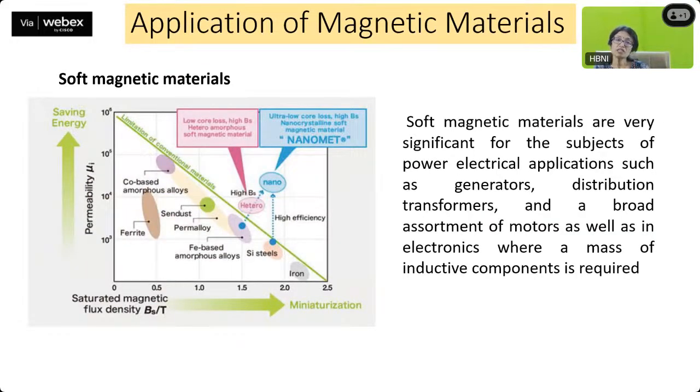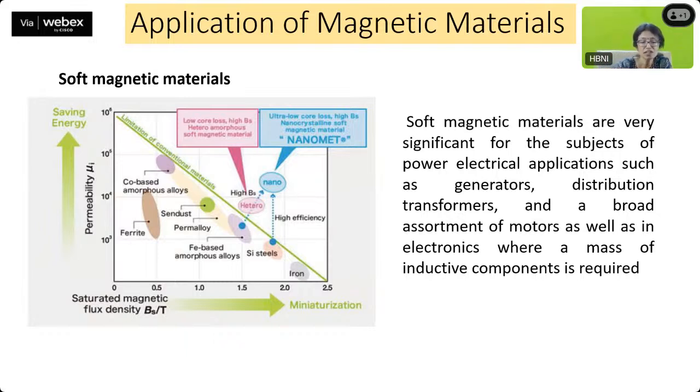Now for soft magnetic material, what is the difference between hard and soft? In case of soft magnetic material, the HC, or the coercive field, is very, very low. So they are very useful for power electrical applications such as generators, distribution transformers, a broad assortment of motors, as well as in electronics where a mass of inductive components is required.